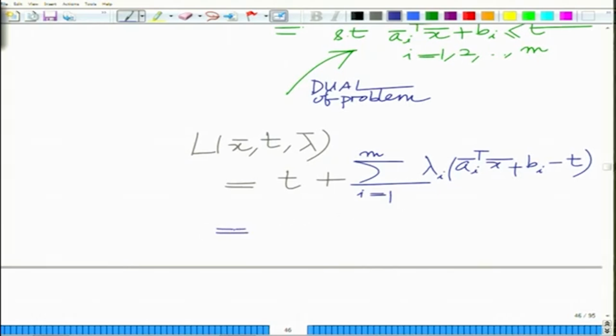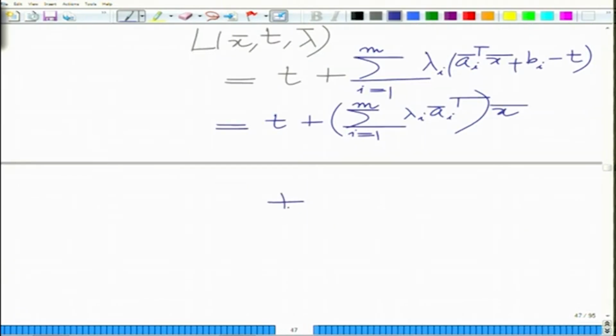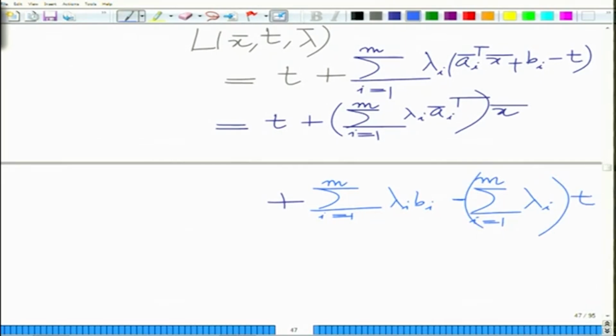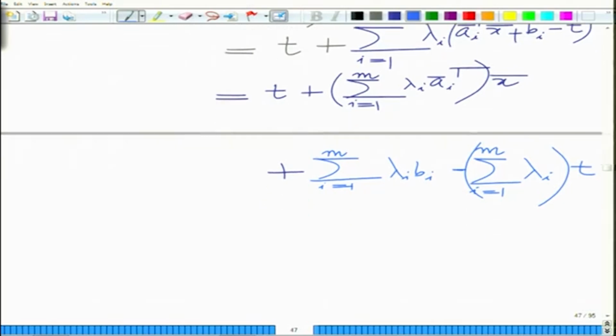Now, what we want to do is group all the terms. For instance, this can be written as t plus summation i equals 1 to m lambda i ai bar transpose into x bar, plus summation i equals 1 to m lambda i bi, minus summation i equals 1 to m lambda i into t.